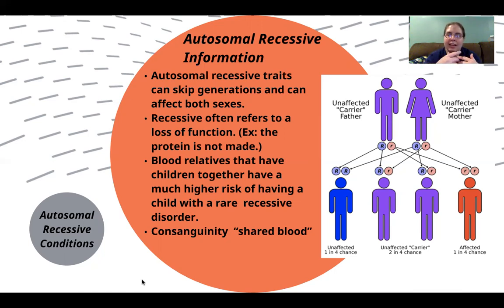So that's why you see a higher incidence rate of certain rare disorders in these families now, because of the incest that went on many decades or many generations ago.